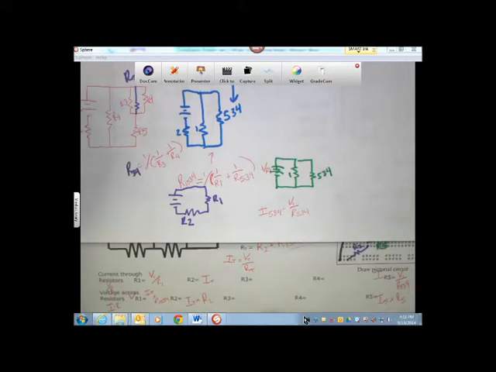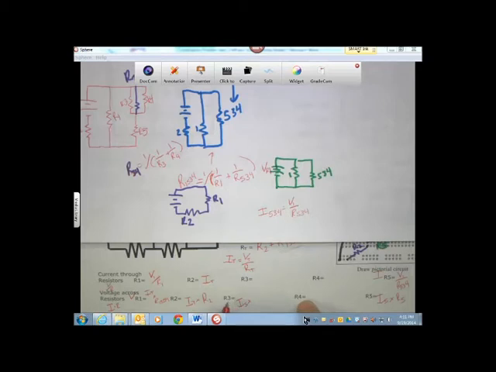And then to determine the voltage drop of R3 and 4, I still use the same current of I5 because they're in parallel. And since these two are in parallel, we don't use R3 or R4.